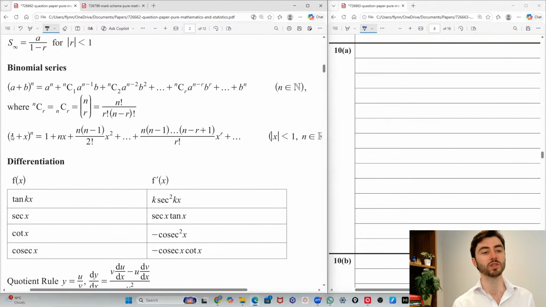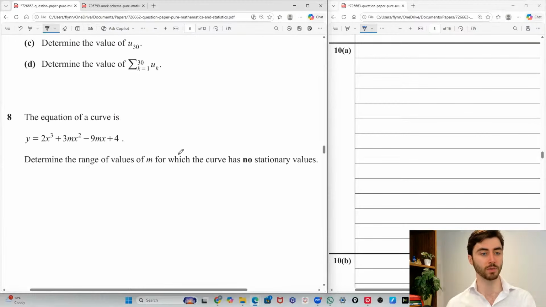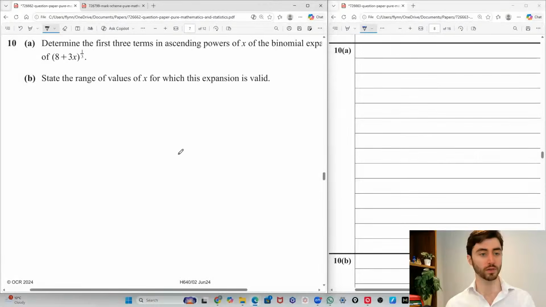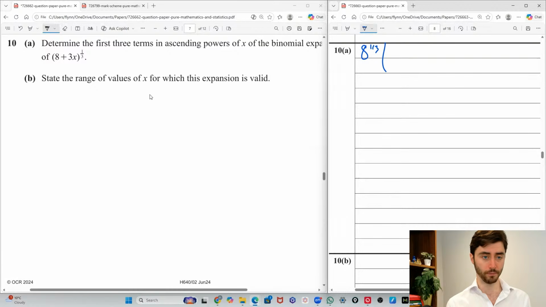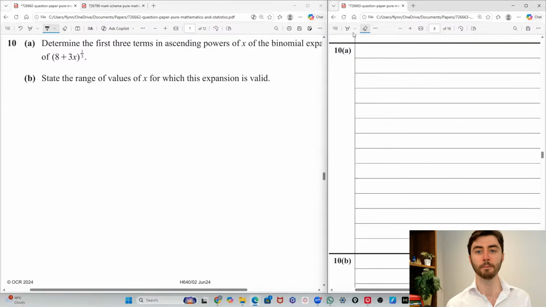But this only works when the number is 1. So never forget that. So here, the first thing I'm going to have to do is factorize out 8 to the third. And I would be left with 1 plus, or rather, let me show you both steps in case you don't like this. So that would be in a big bracket.